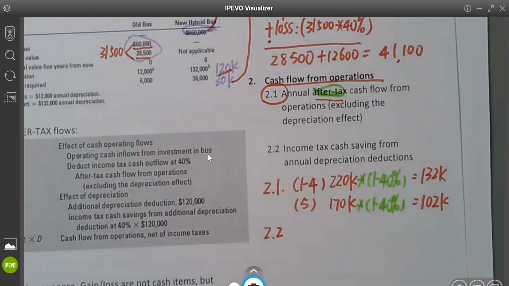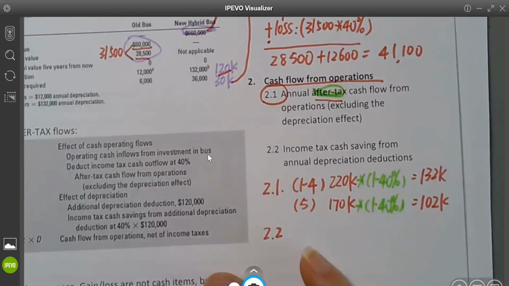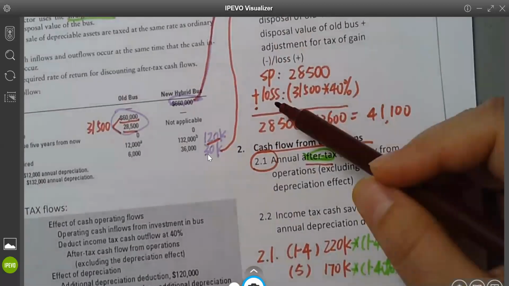Because we have more depreciation expense, it will decrease our income, right? Expense will decrease our income. So when we have less income, we pay less tax. So we have extra tax saving. It's the same logic as when you have a loss.